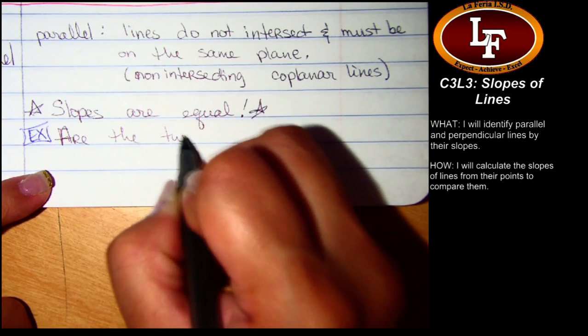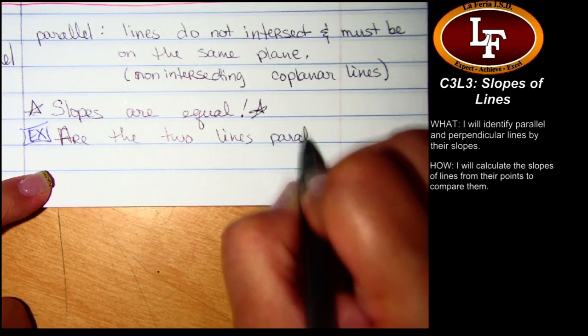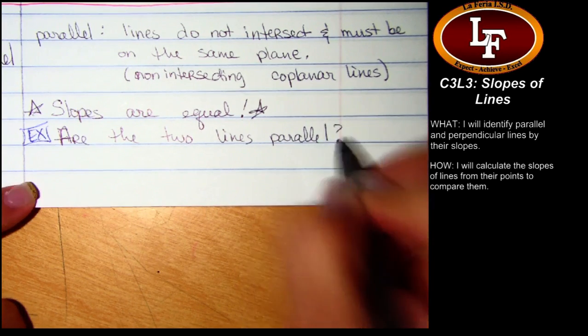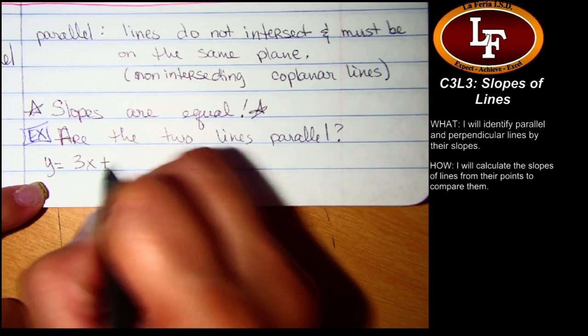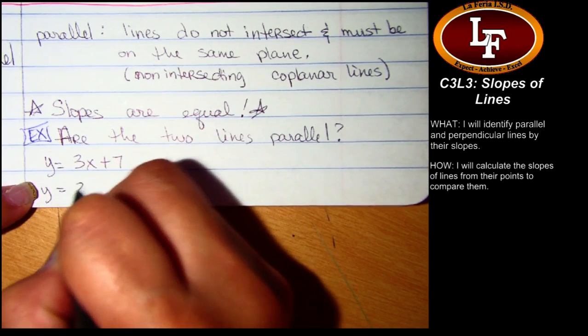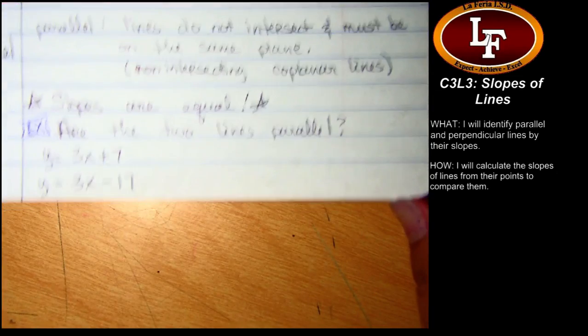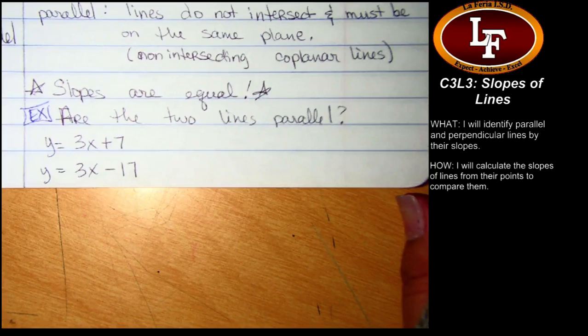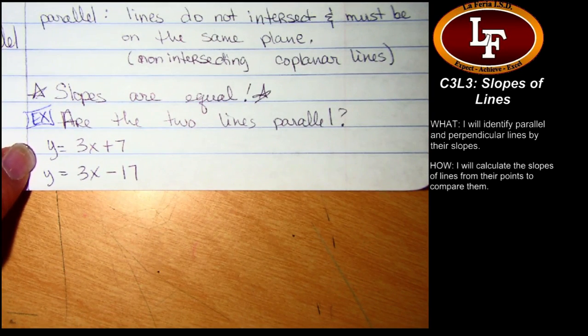The example would be, are the two lines parallel? Here's one line. Here's the other. The slopes need to be equal. Are these in slope-intercept form?